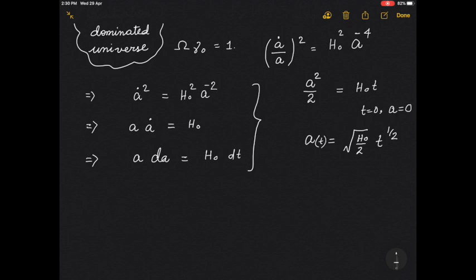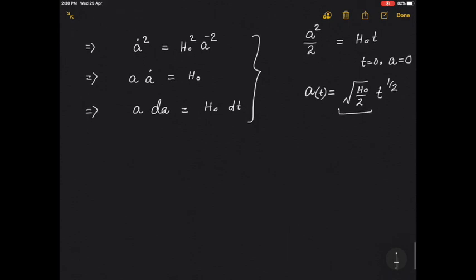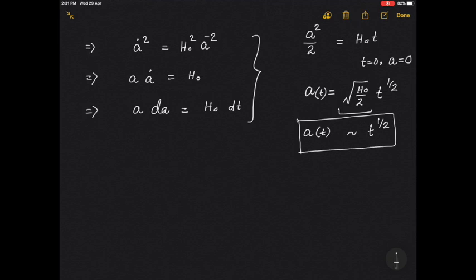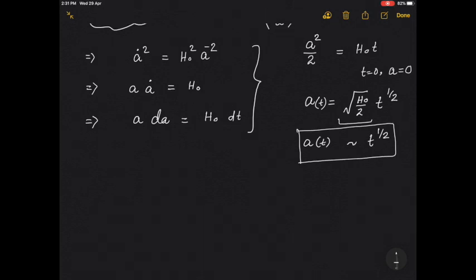This constant etc. may not be quite meaningful, but what right now we are looking at is the case for the radiation dominated universe, where we can definitely say one thing, that a grows as t to the power half. So that is the main result that we get out of this calculation for the universe which only has radiation.